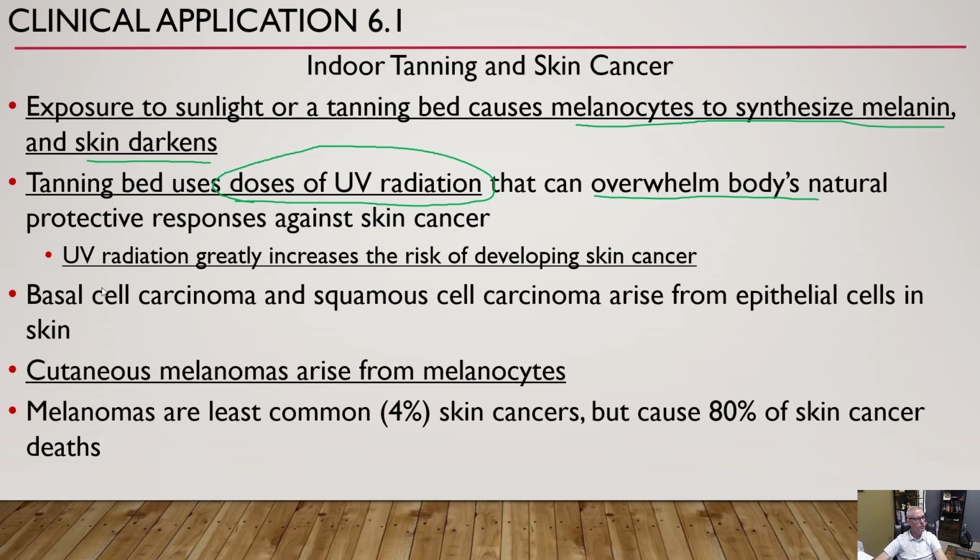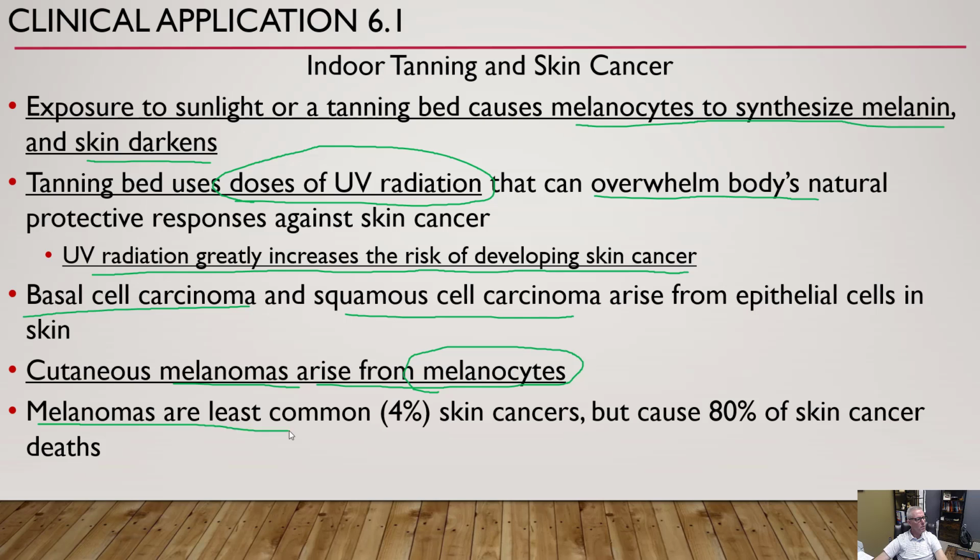So what we see is that UV radiation will increase the risk of developing skin cancer. And we'll see some basal cell carcinoma or squamous cell carcinoma in skin. So skin melanomas arise from the melanocytes that produce melanin.